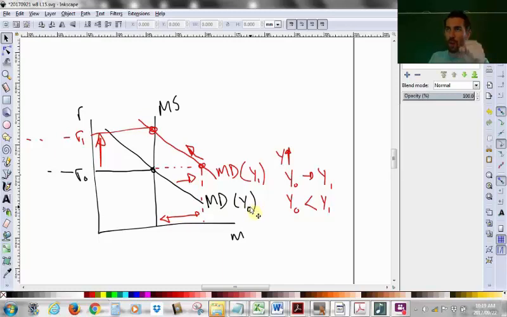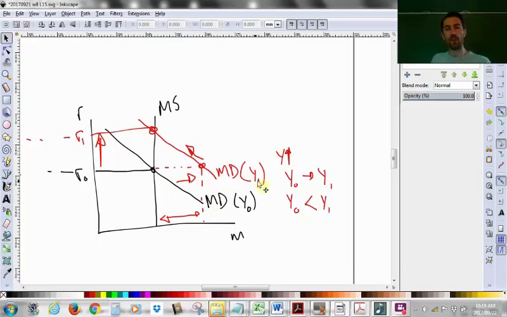In other words, we want to hold the money to buy goods and services. So if the number of goods and services that we want to buy or sell, transact with generally increases, okay? The number of transactions increases because the number of goods and services that we are producing and selling and buying increases. So we have an increase in output from Y0 to Y1. We will have a shift in our money demand curve. Our money demand curve increases. Our money demand curve shifts from the original MDY0 to the new MDY1. We have a rightward shift in money demand.